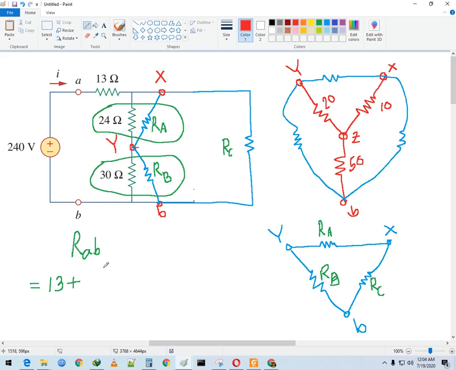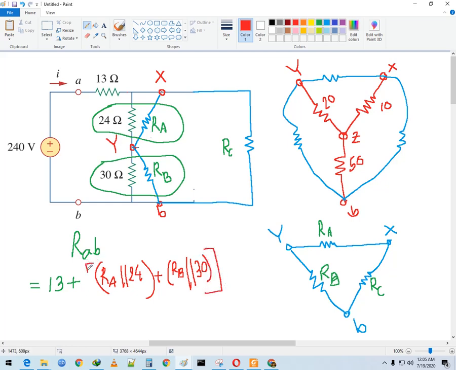So we will write RA parallel 24 plus, because we have these two in series, RB parallel 30.